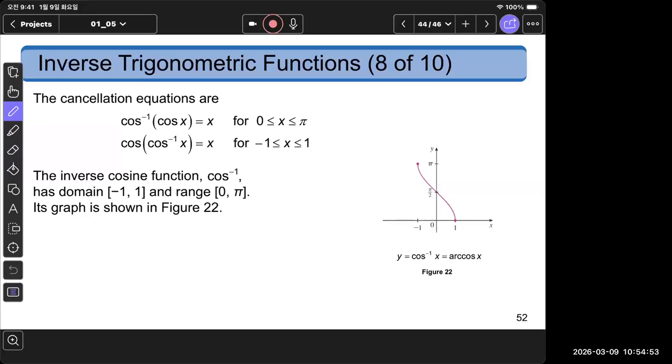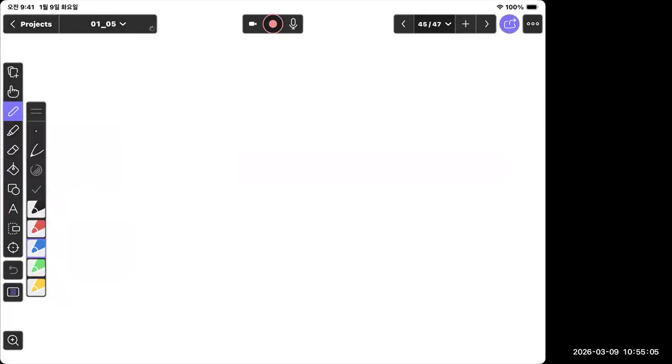The cancellation equations can be easily derived. As I said, the cosine function, cosine x, is one-to-one on the domain from 0 to pi, and the range will be the interval from -1 to 1.